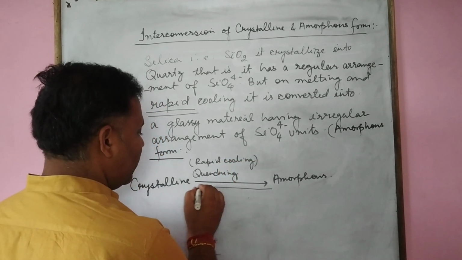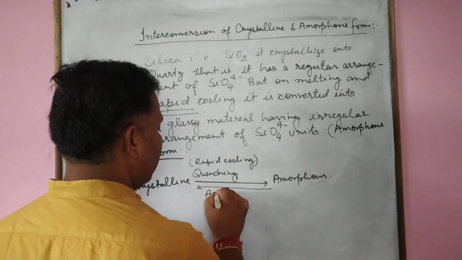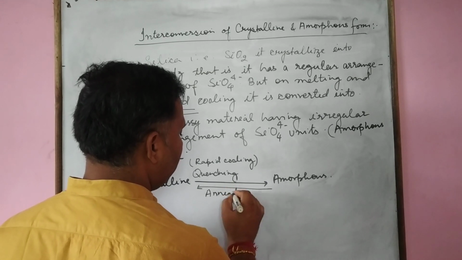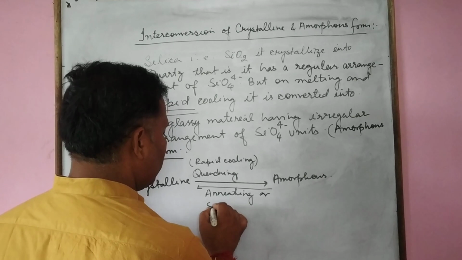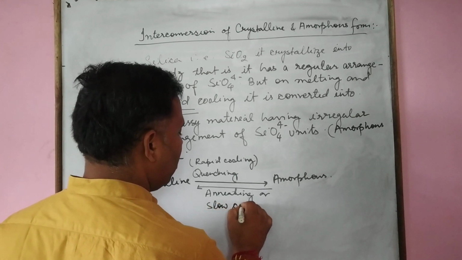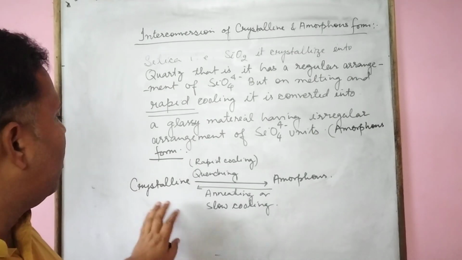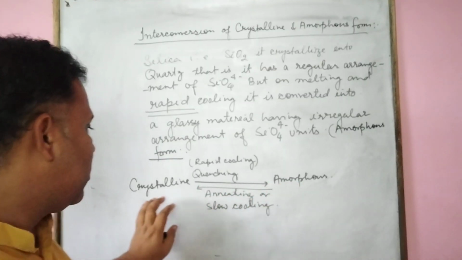That is, amorphous is converted into crystalline form by annealing, or slow cooling. In this way, we know how a crystalline solid can be converted into amorphous, and amorphous into crystalline.